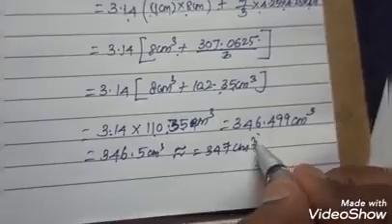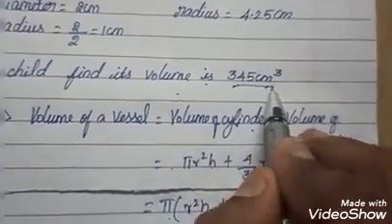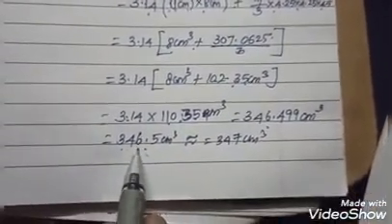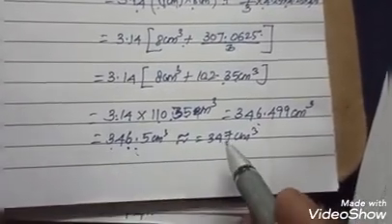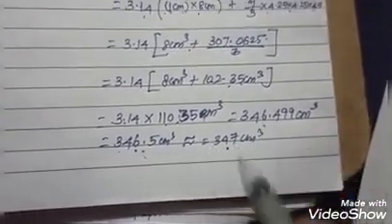Approximately, we have to write 347 centimeter cube. But the child found the volume as 345, while with the decimal point we get 346, about 1.5 centimeter cube more, so approximately 347.